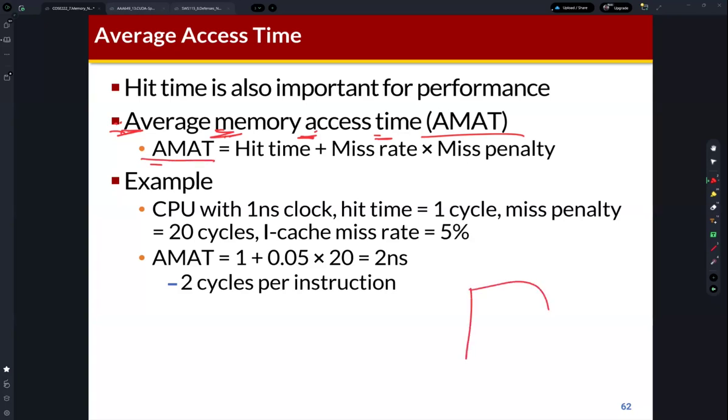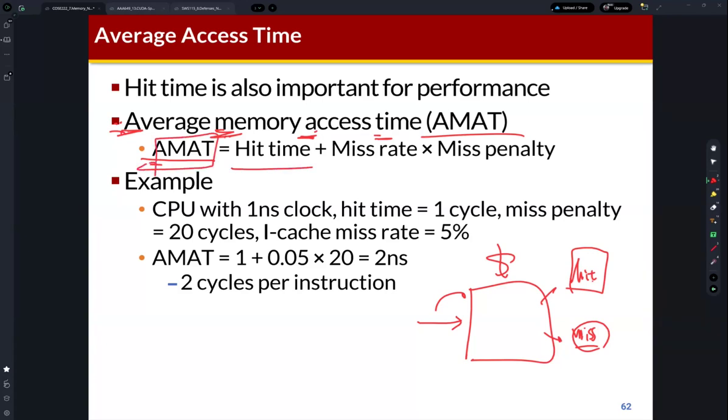So, this is the cache, and the processor will access the cache. We need to consider the hit cases and miss cases, because for a cache hit, the processor can access data very quickly, and in the miss case, it will take a very long time. So AMAT is defined as the hit time plus miss rate multiplied by miss penalty.